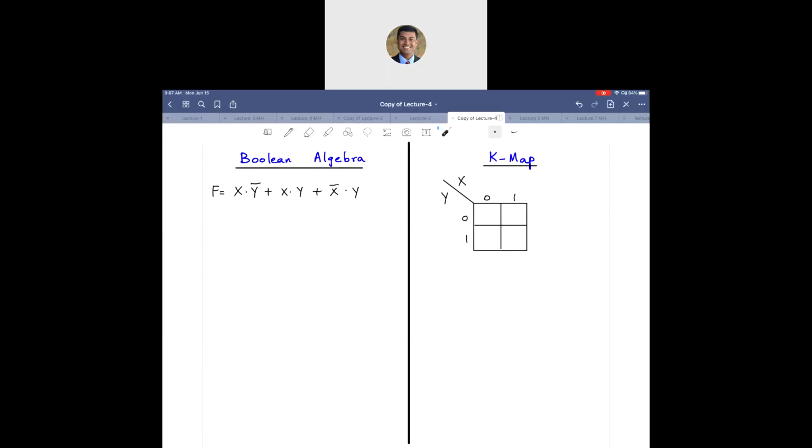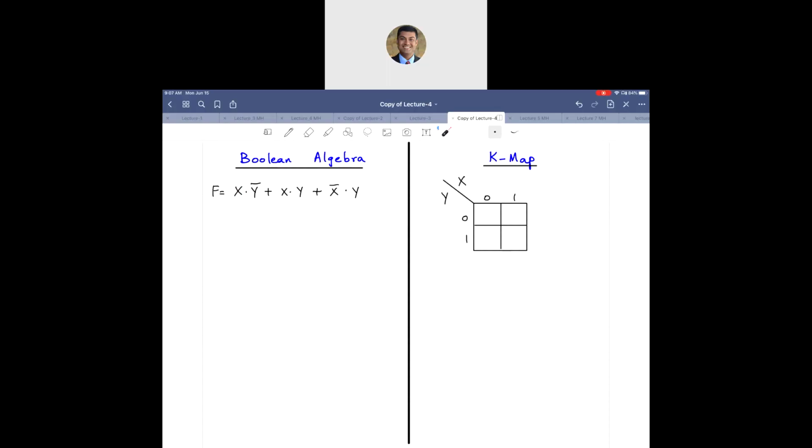I want to talk about a backdoor connection between Boolean algebra and K-maps. Now, this is a trick. This is a very good understanding of K-maps and Boolean algebra, but I want to show you how you connect the two.